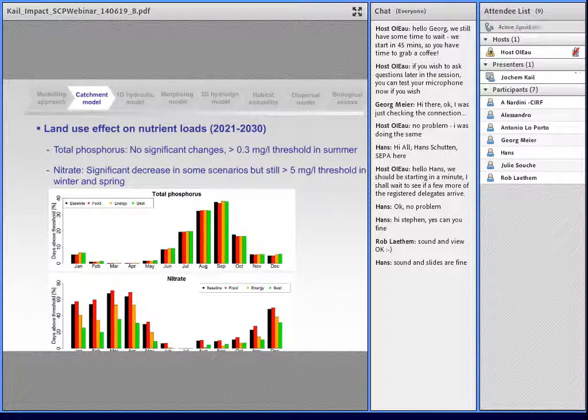But in the lower graph you see for nitrate that the values differ between the scenarios. But still, all the values are positive. So still, also in the best management scenario, which is given here as the green bars, there are some days per month which are above the critical threshold. So this means that in these land use scenarios, there are some differences which are ecologically meaningful and which can be interpreted in the following steps.